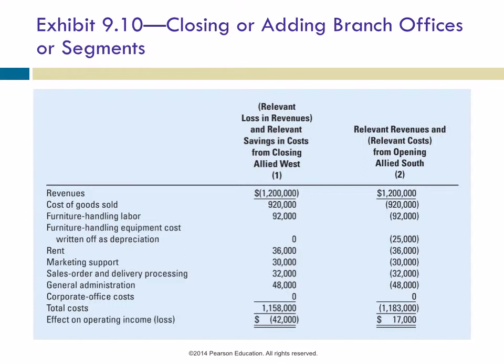Maybe that's not enough to make it a no-brainer decision. But it's definitely not negative. So this is where the other qualitative and non-financial quantitative factors would come into play in determining whether this would be a decision that we want to make.